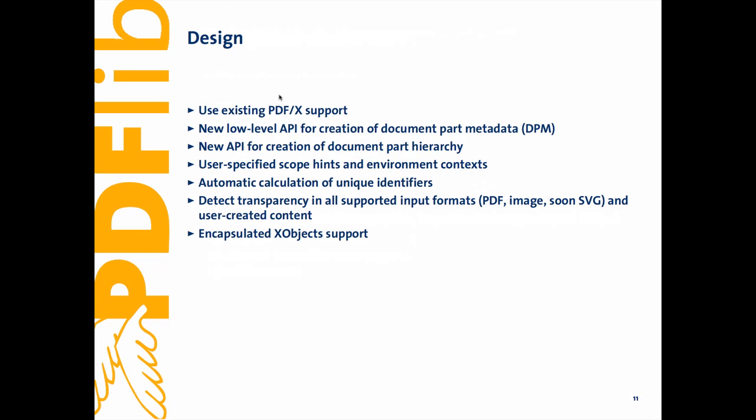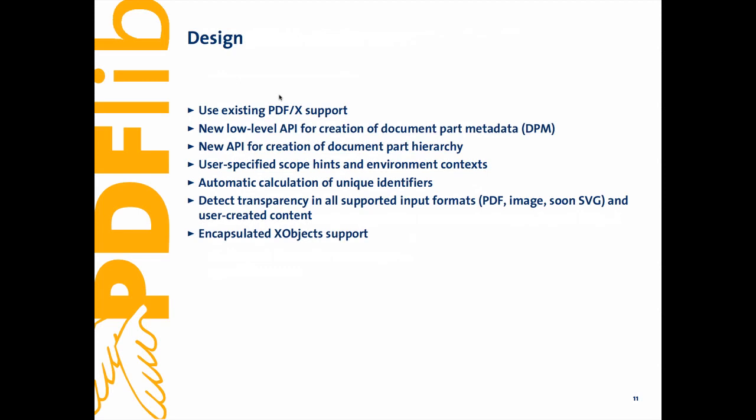So how did we design this effort to implement PDF-VT in PDFlib? Of course, we used the already existing PDF/X support. We needed to add a new API for the creation of the document part metadata, and another API for the creation of the document part hierarchy.